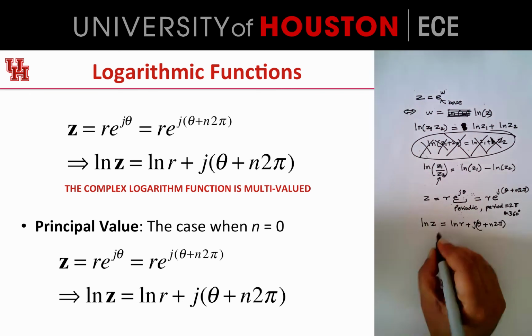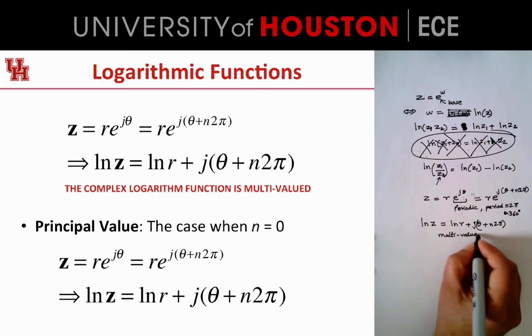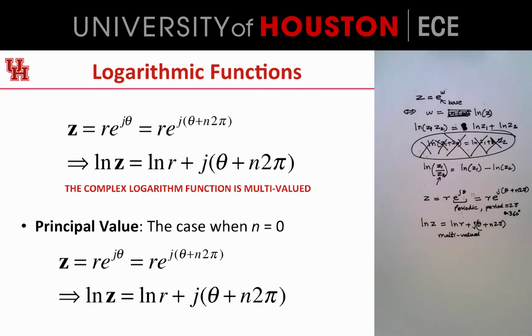So the logarithm of a complex number is multi-valued. For every different value of n, you're going to get a different answer here, right? Of course, the case when n equals 0 is often the case we're most interested in, and we call that the principal value.